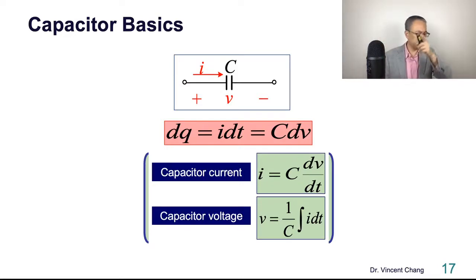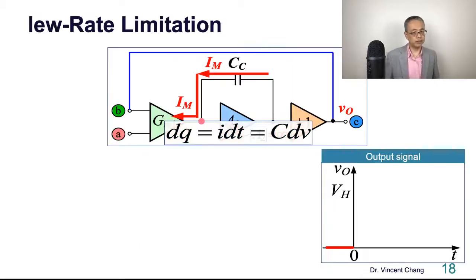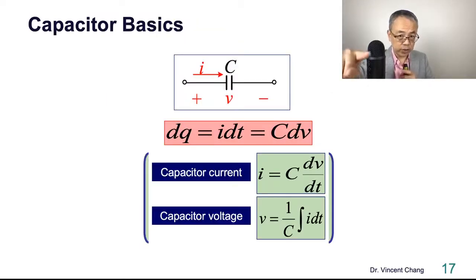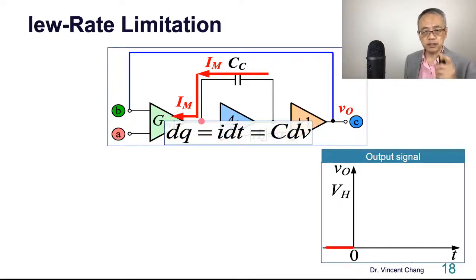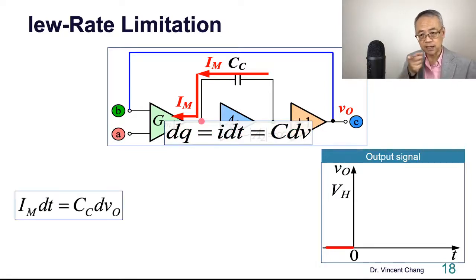You just need the very basic one: dq equals I dt equals C times dV. I times dt equals C times dV. This is good enough. What is I? This I. What is V? VO.